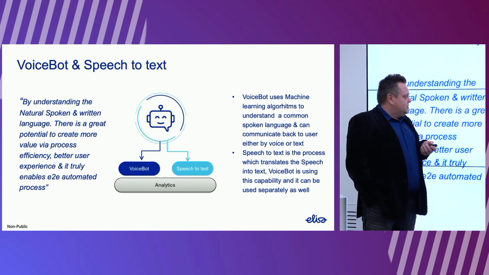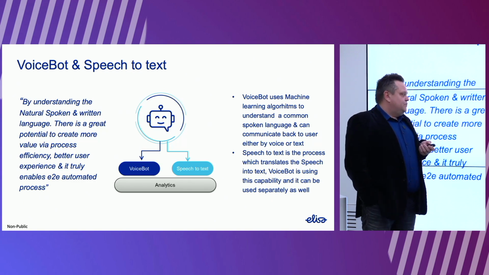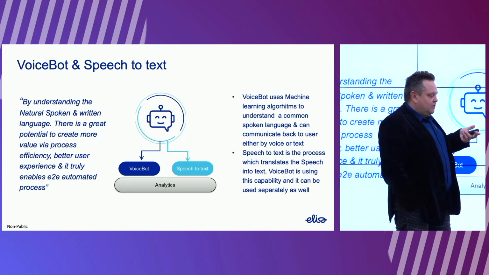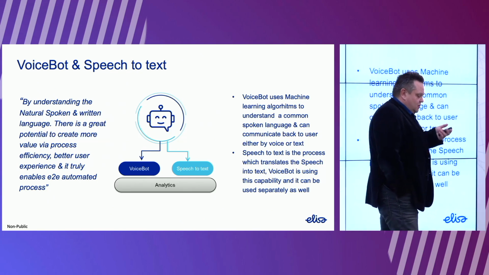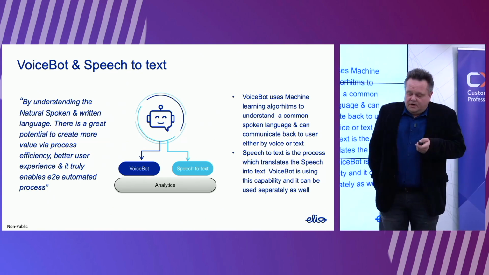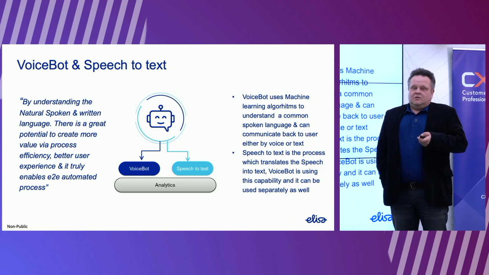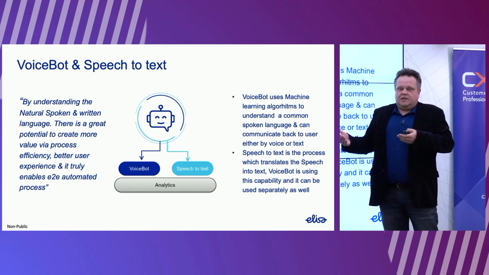For example, a really common use case for speech to text is that if you are recording all of your service desk calls or call center calls or whatever, and then you want to understand what happens during those calls, why my NPS looks like this.